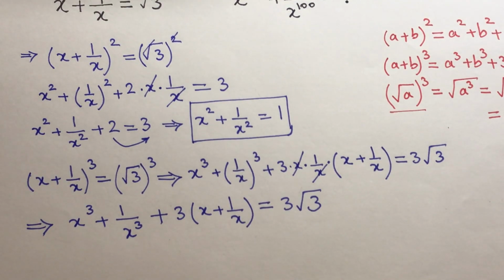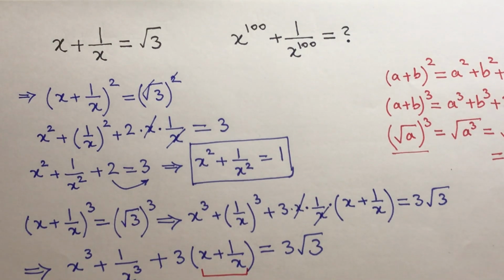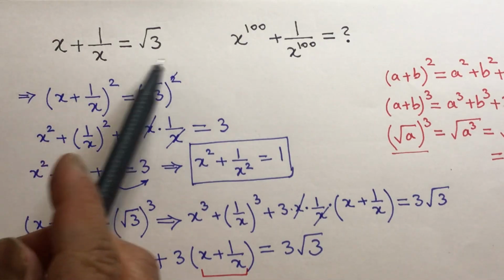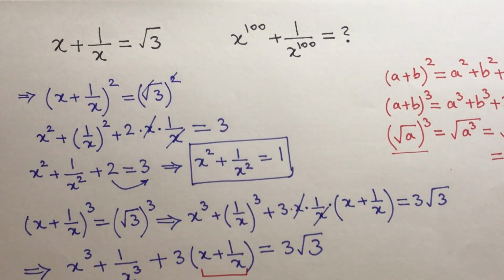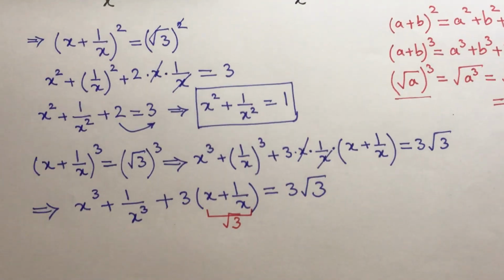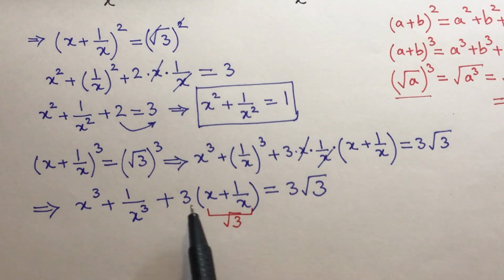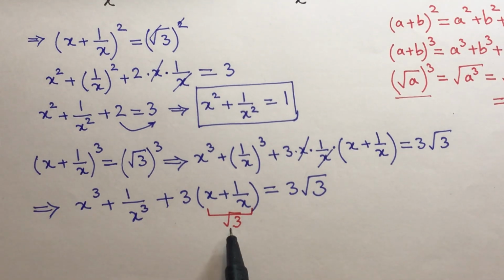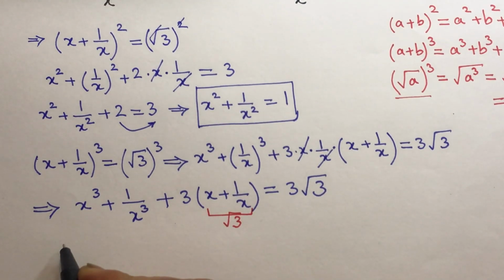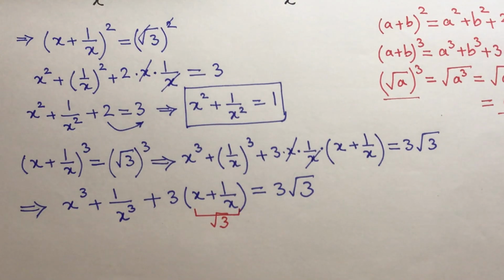And you can remember this expression here, x plus 1 over x, is the main expression we proposed from the beginning of this problem. It equals the square root of 3. This one is from the beginning proposition. So I can write it here.